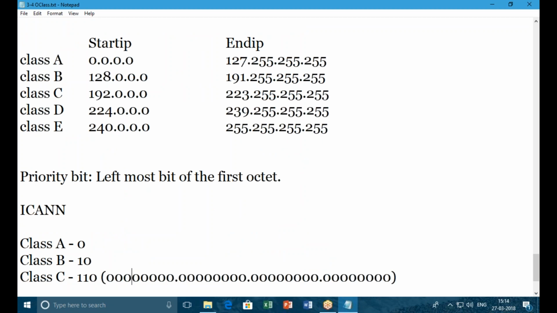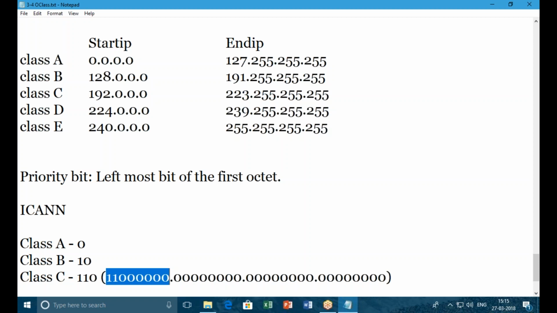For class C we take 3 bits, so here in these 3 bits we have to change it to 110. Now convert this value into decimal: 2 power 7 plus 2 power 6, it is 128 plus 64, which will be equal to 192.